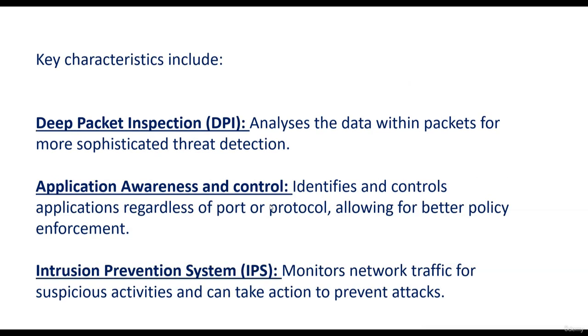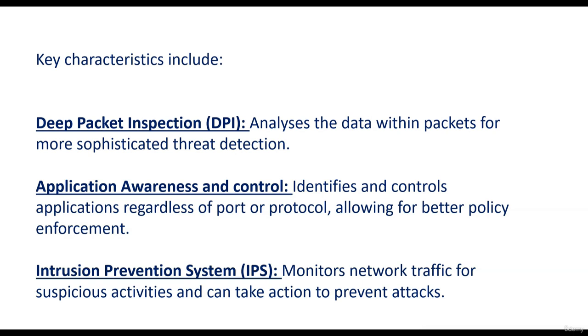So the key characteristics of the next generation firewall are the following. The very first one is deep packet inspection, because if you remember, the legacy or traditional network firewall works only on layer 3 and layer 4. You'll be defining the source IP address, destination IP address, and the destination port number, right?